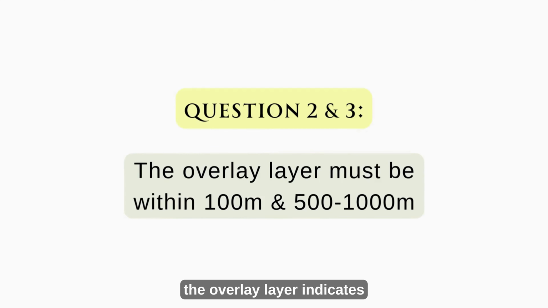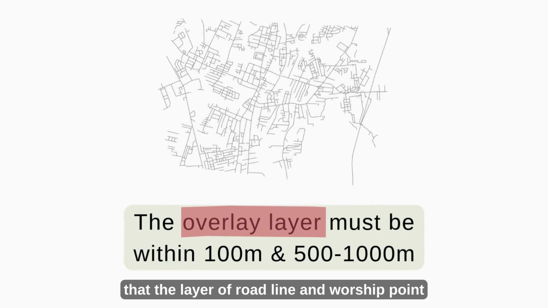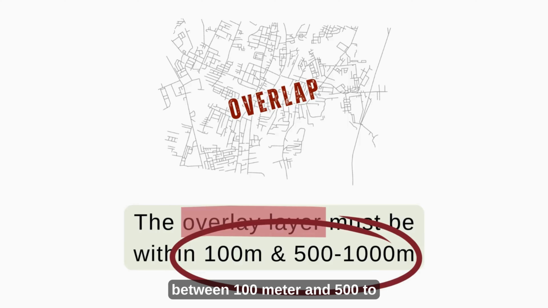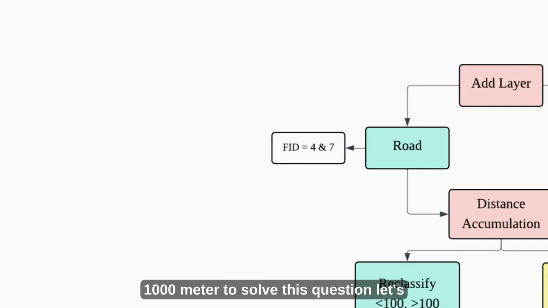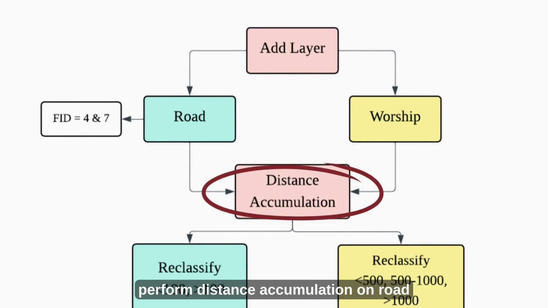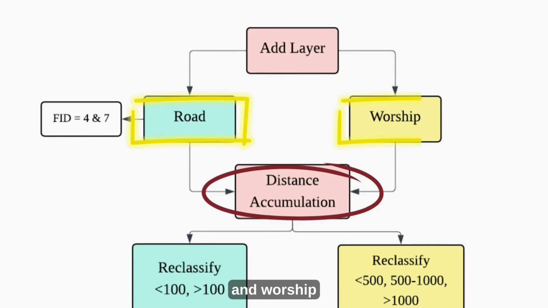The overlay layer indicates that the layer of road line and worship point must overlap with each other in the range between 100 meters and 500 to 1000 meters. To solve this question, let's perform distance accumulation on road and worship.